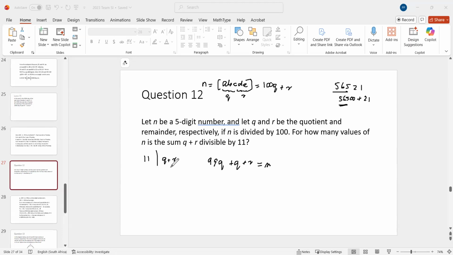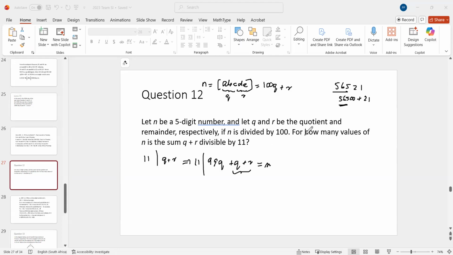Now, if 11 is a factor of this, and you're adding 99Q, this is also a multiple of 11. It means that 11 is a factor of this also, because you're adding to a multiple of 11. This is a multiple of 11. You're adding another multiple of 11. So 11 will be a factor of n.